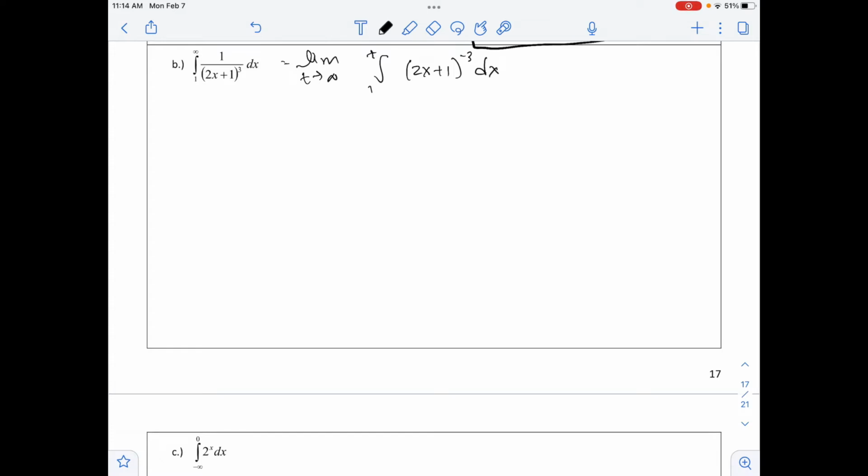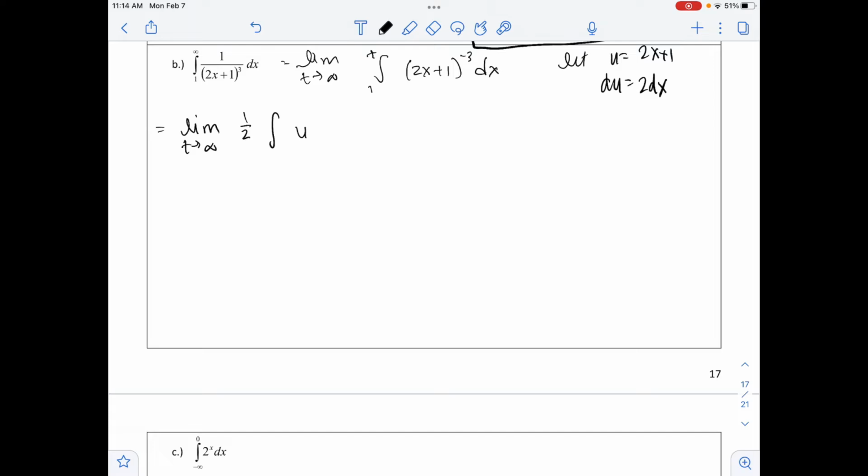And now to evaluate this and to integrate this, I'm going to use u sub again. So I'm going to let u equal 2x plus 1, and then du is going to be 2 dx. Make sure to continuously write your limit as t approaches infinity. And then this is 1/2. We do need to change our limits of integration. We'll do that momentarily.